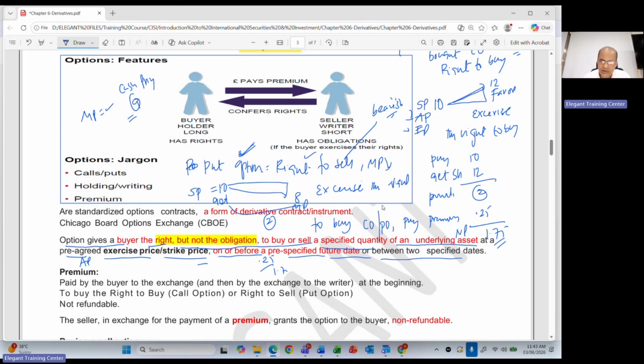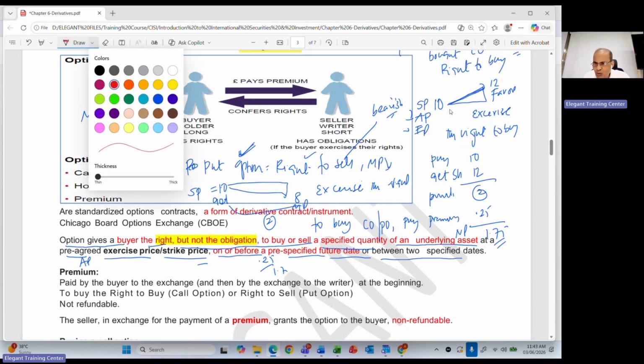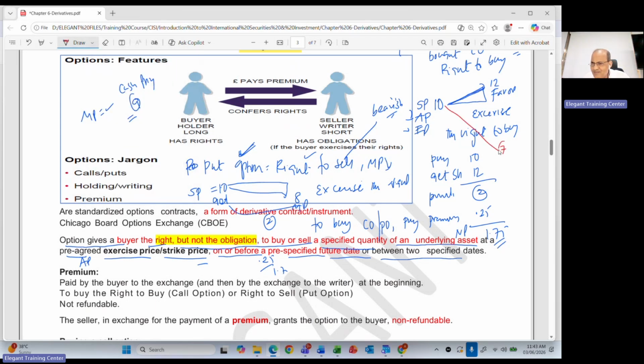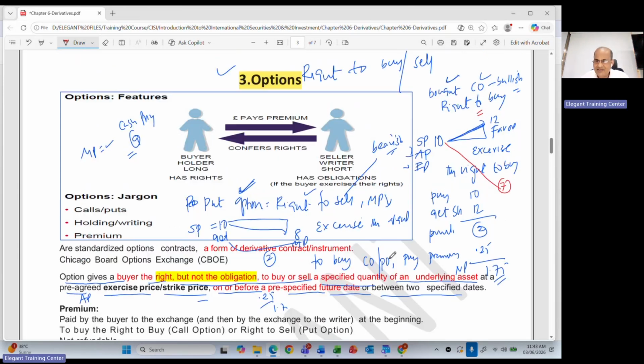If you have bought a call option, you can say, hey, I want to buy. If you have bought a put option, you can say, hey, I want to sell. You will buy when? If the price has gone up to 12 dirhams. But if the price went down to 7 dirhams, understand, you have bought a call option at what price? At $10. Now the price became 7. It is not in your favor, right?